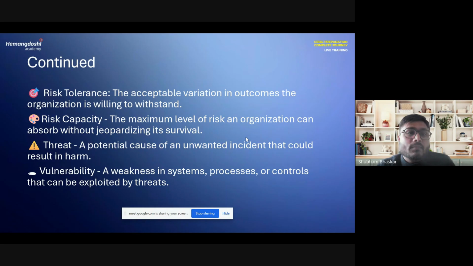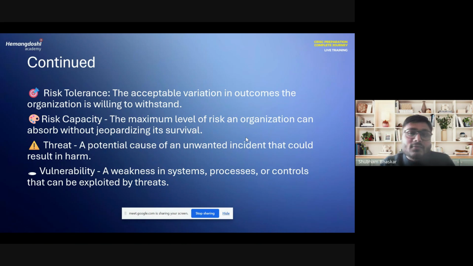So there is an appetite and then there is a tolerance. You might have an appetite for eating one pizza, but your tolerance could be eating 1.5 pizzas if it's your friend's birthday. But your capacity might be that if you eat more than 2 pizzas, you are at risk of getting sick, right? So that's risk capacity, the maximum risk a person can take.